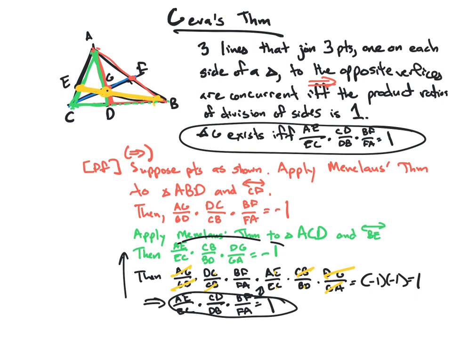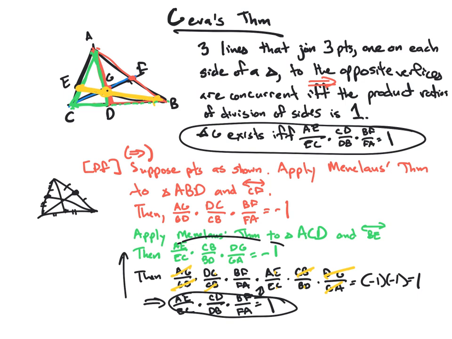Now, this is really nice because if Ceva's theorem is true, there are a few things we can prove. So take, for example, the medians. The medians split the three sides up.